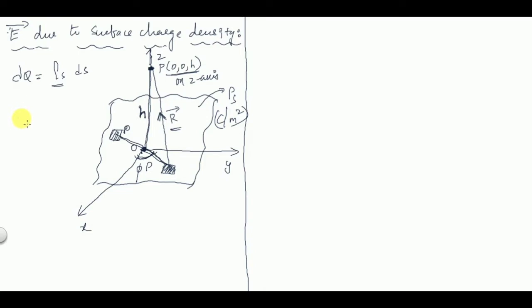From the triangle, suppose I am taking the point I am considering here as A, this is O, and this is your point of interest P. So from triangle AOP, I'll redraw this triangle.